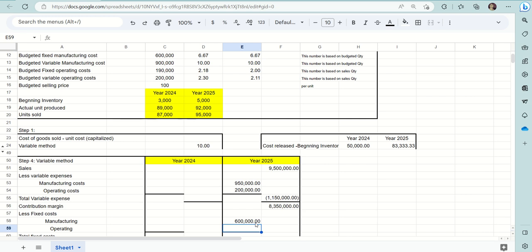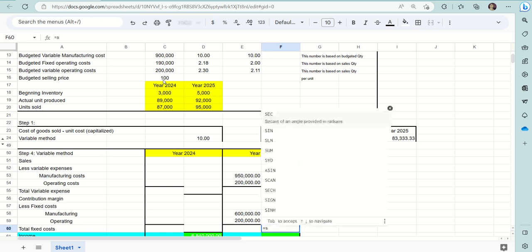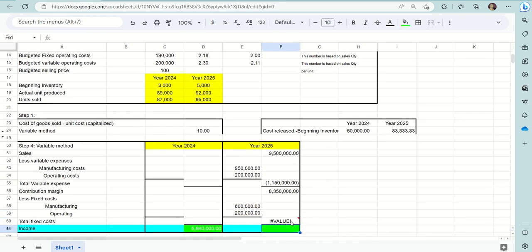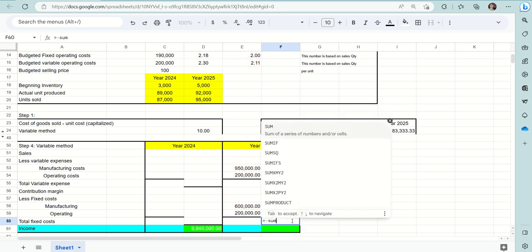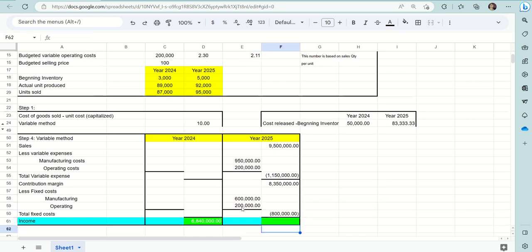Now we're going to move to operating fixed cost. We can also do the same thing. Our operating fixed costs were given as 200,000. We're going to put that in. And we're going to sum this up over here with the reverse polarity. And that would give us, oops, okay, that is 800,000.